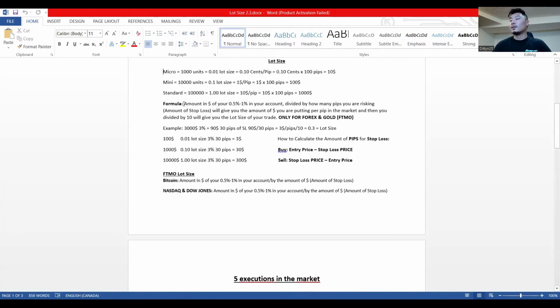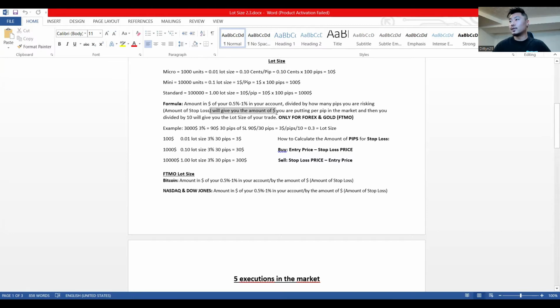Okay. So you see here, how do you find the correct lot size? So I'm just gonna show you. It's the amount of money of your 0.5 or 1% in your account. So whatever percentage you want to risk per trade, per position, right? And then what you do is you divide that number by how many pips you are risking.